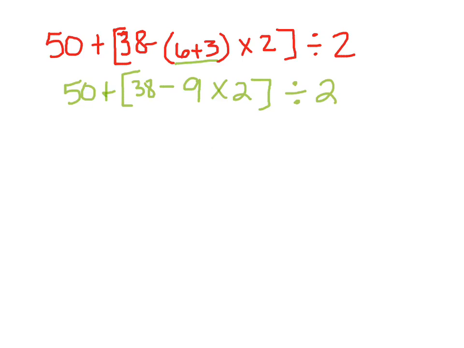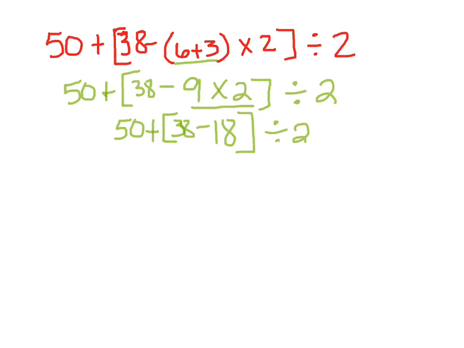Okay, so inside the brackets, we have 38 minus 9 times 2. We have a subtraction and multiplication. Multiplication and division come before addition and subtraction, so we have to multiply. 9 times 2 is 18. 50 plus bracket 38 minus 18, divided by 2.